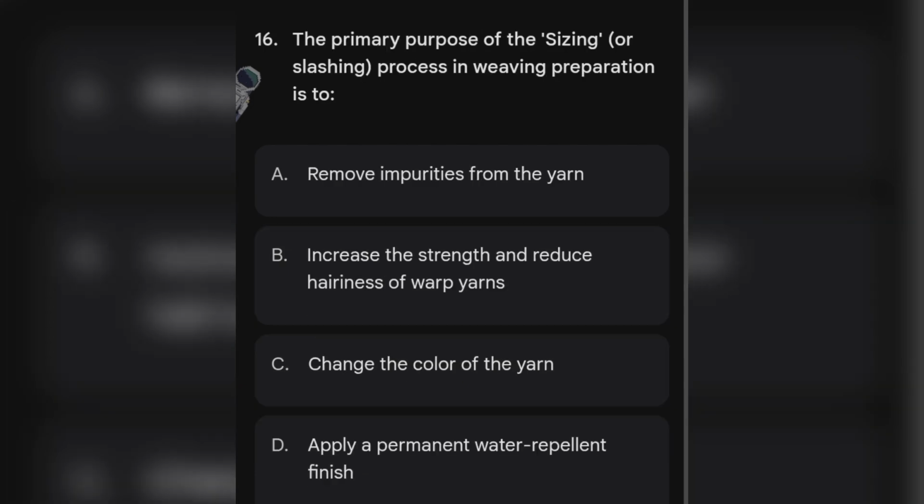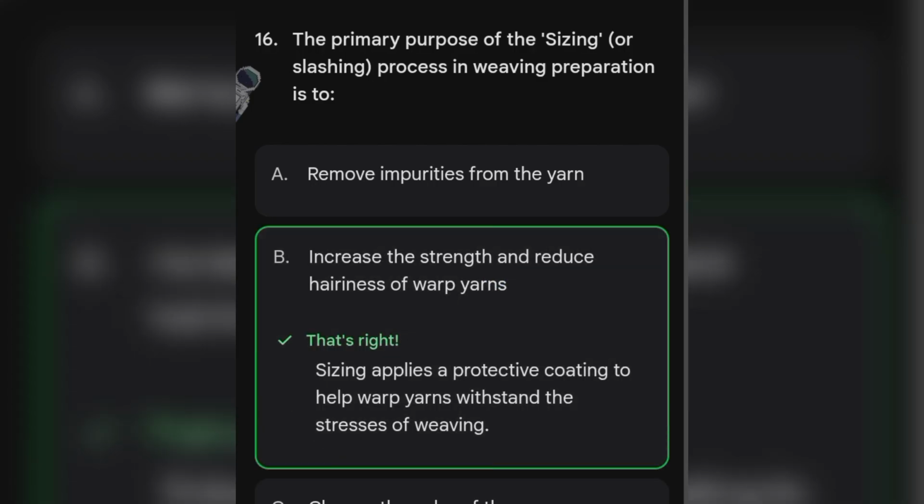The primary purpose of the sizing process in weaving preparation is to increase strength and reduce hairiness.